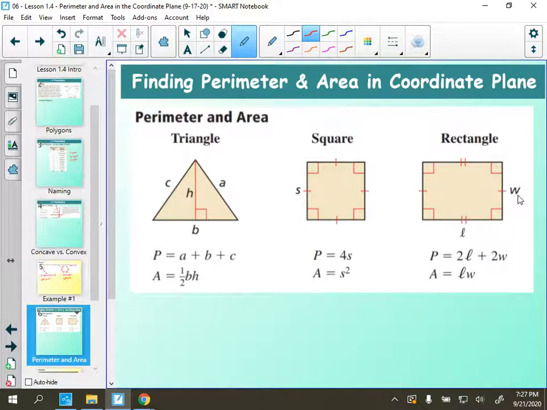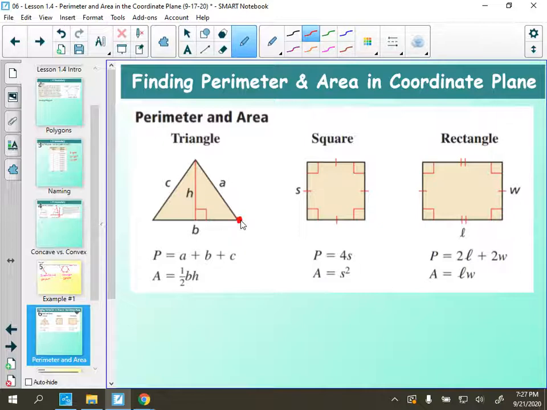Same concept. Triangles can be a little bit tougher, trying to decide what should I call my base, what should I call my height. The height, a lot of times, isn't one of the sides of the triangle, but it could be. So here's a good illustration: we've decided to call this our base. So then the height is the third vertex, right?